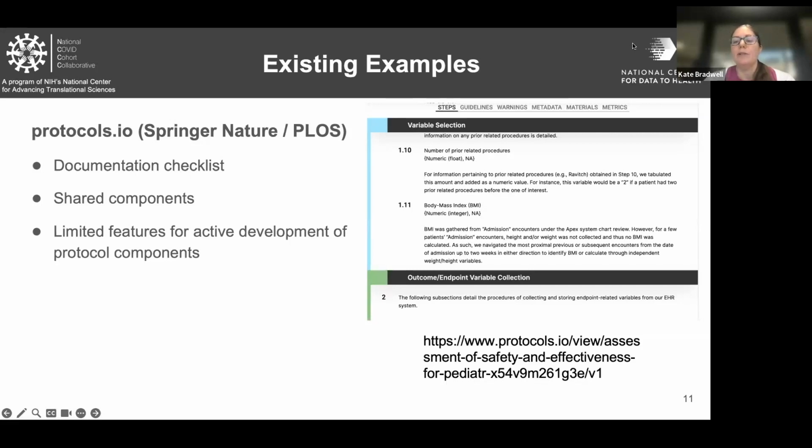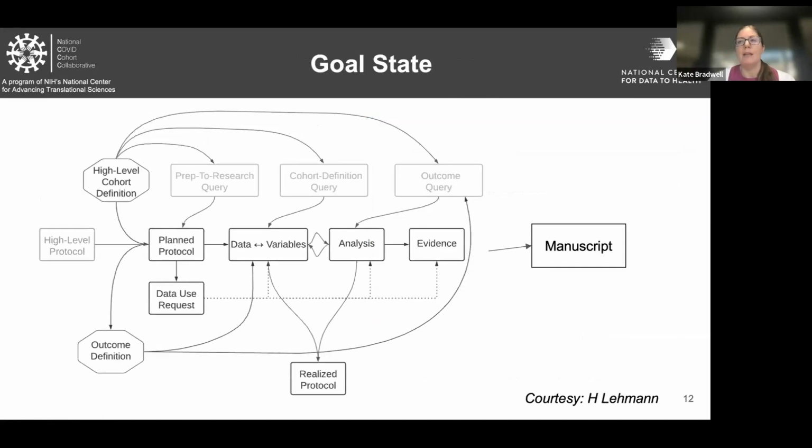So that's a more difficult process in this very general interface. So what we wanted to do is capture this process that you're seeing here in as general a way as possible, but also supporting observational EHR research.